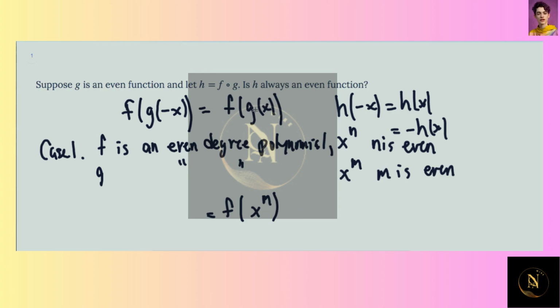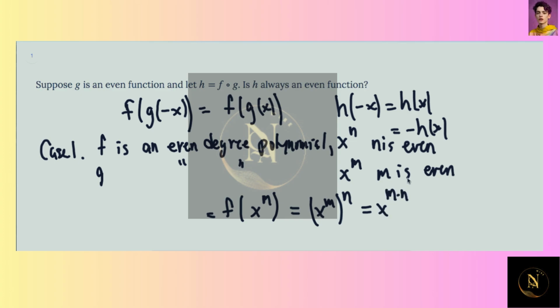Okay, so because that's what g is, and let's evaluate f of x to the m, and we'll get x to the m to the power n. And using our laws of exponents, this will be x to the m times n.